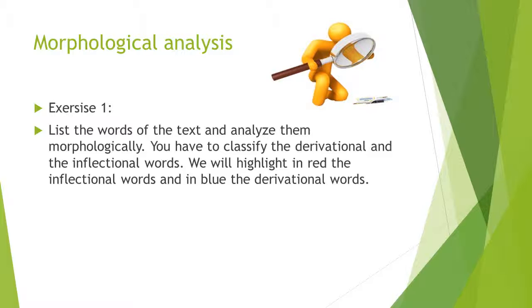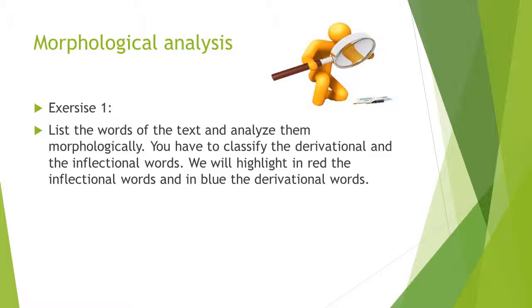And now it's time to practice what we have said in the lesson. We are going to do this exercise. It consists of reading a text and analyzing it morphologically, and you have to classify the derivational and inflectional words.